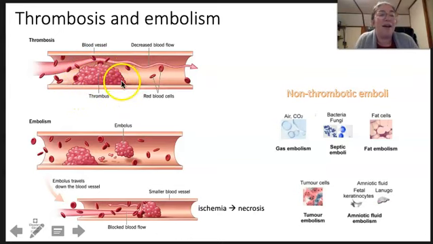Now the clot itself can cause a narrowing of the lumen and reduce blood flow through an artery, but also that thrombus can get loose and part of the clot can break off and get swept up in the current of the blood and travel. And that embolus, that traveling blood clot, when it makes its way to the smaller arterioles or capillaries, it can cause a blockage.